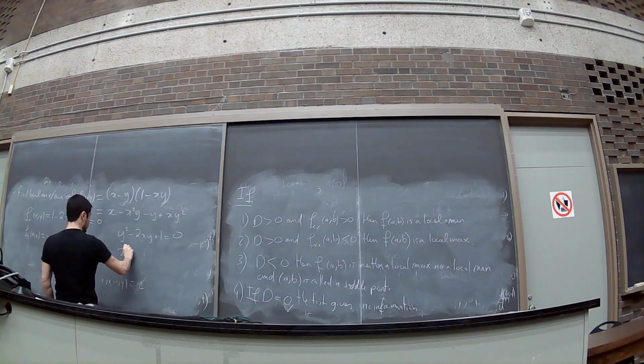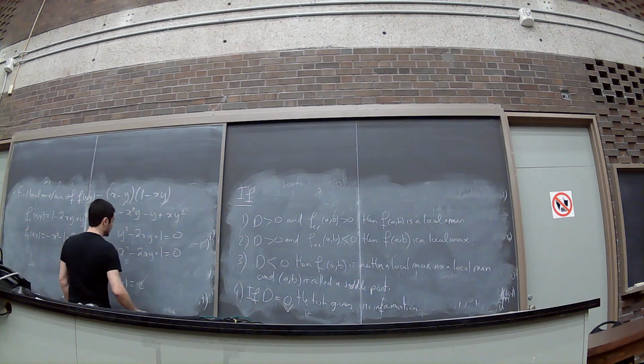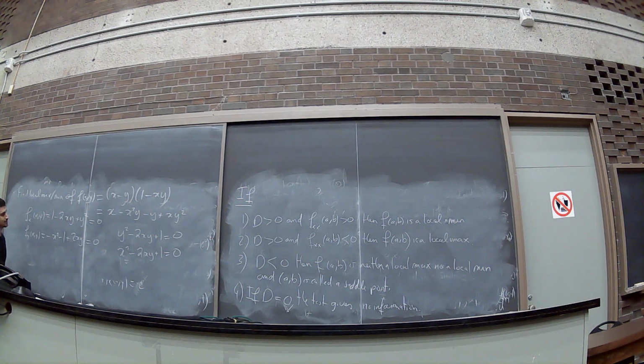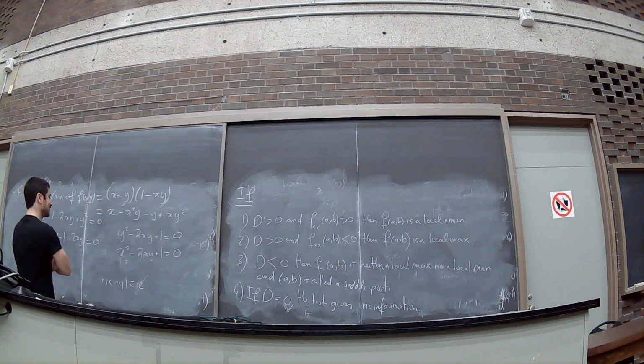And then you get x squared minus 2xy plus 1 is equal to 0. Among the examples, I picked a bad one. But let's make sure my derivatives are correct. Are my derivatives correct? Okay.